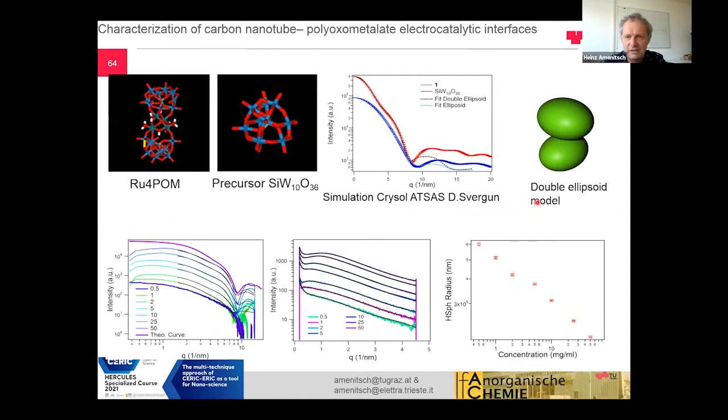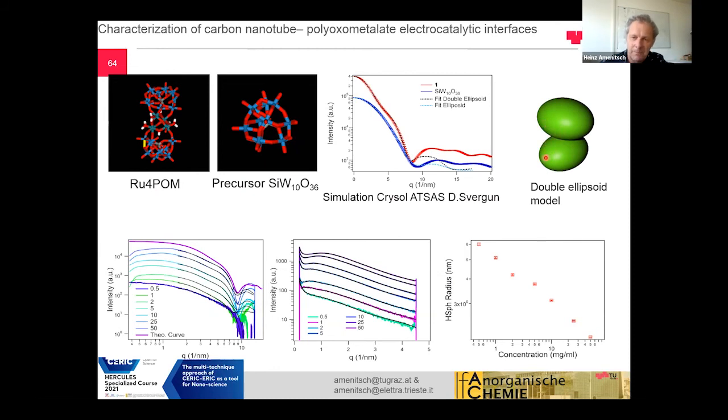You can also look now a little bit at the solution structure. So you can use, for instance, the crystallographic data from the Wells-Dawson POM. You can also look at the crystallographic data from the precursor. You can calculate with Crysol the scattering pattern. Then you can take this scattering pattern and calculate a model, which is this ellipsoidal model here, and a double ellipsoid model here.